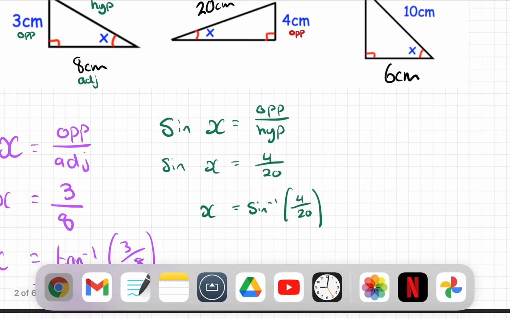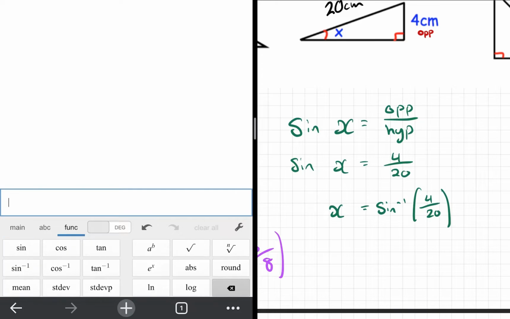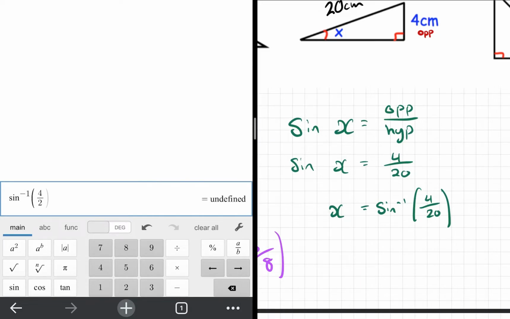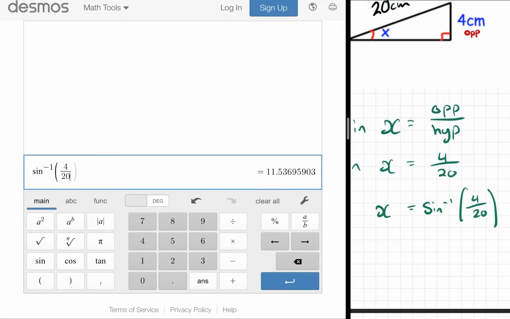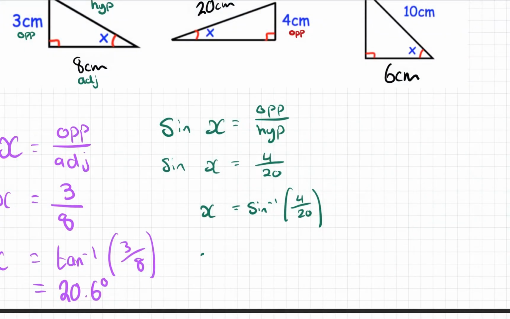Let's get our calculator back up, the magic of technology. Function sine to -1. Normally on a scientific calculator you'll hit shift and sine. 4 divided by 20. I need to make my calculator a bit bigger so I get my 0 on. And there we are. We get an answer of 11.5 to 1 decimal place for our missing angle, or theta, 11.5 degrees.